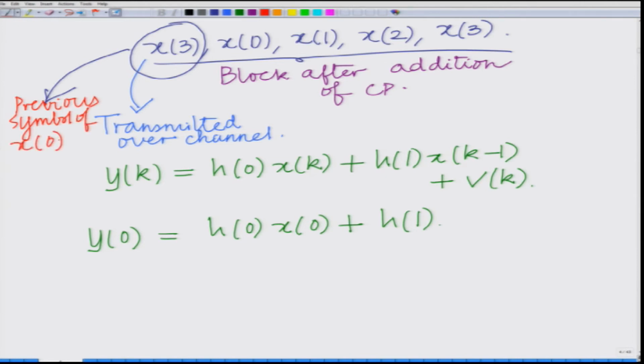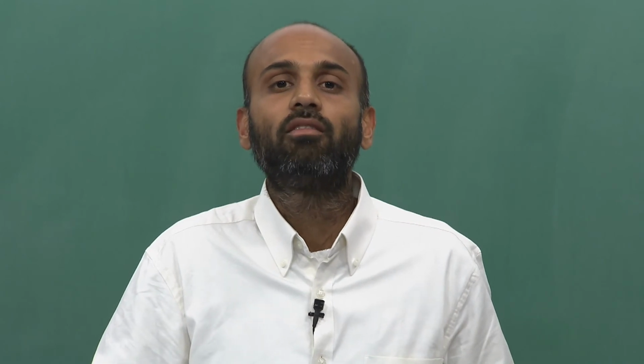So, this is h1 into x3 plus v0, because x3 has been copied from the tail of the block and prefixed at the head of the block because of the cyclic nature of the prefix, x3 also is the previous symbol to x0. Therefore, you have y0 equals h0 x0 plus h1 times the previous symbol, which is x3, plus v0.